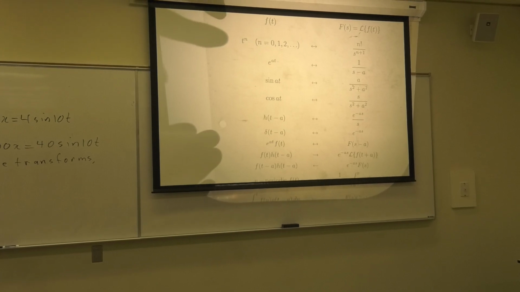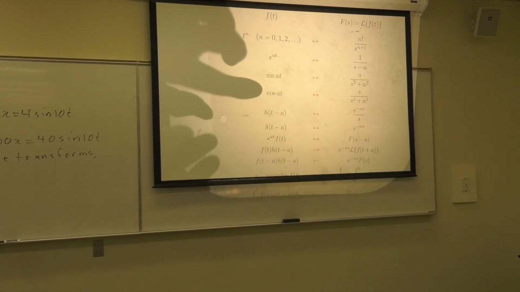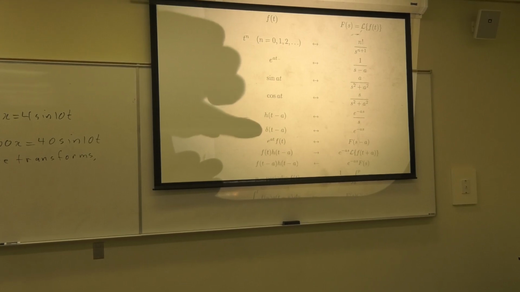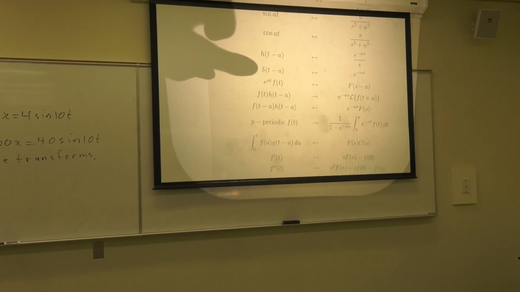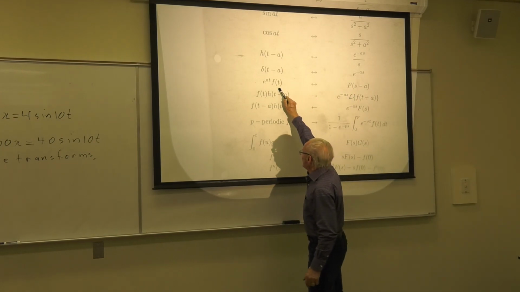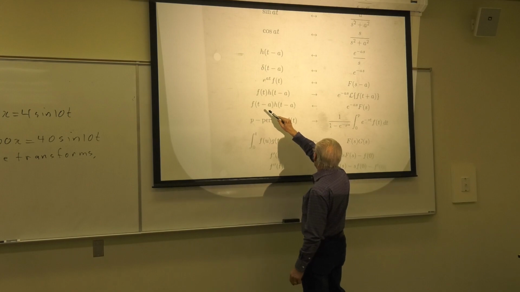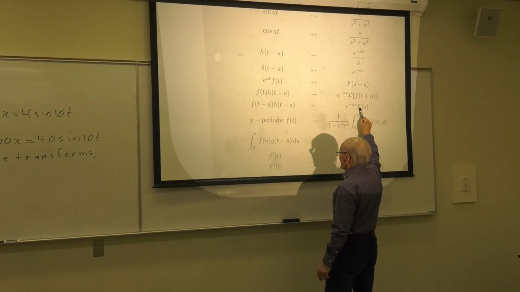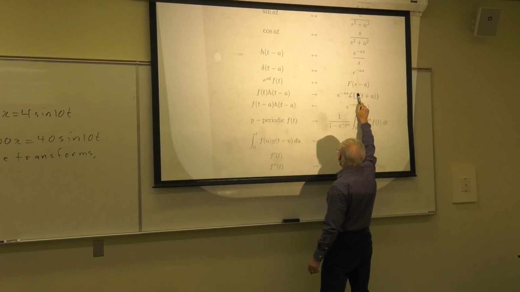We've certainly seen that one, and this one, and this one. And we dealt with the Heaviside. This one we have not seen. That's called a delta function. We haven't seen that one yet. We've used this property extensively. Notice this one is valuable going that way.